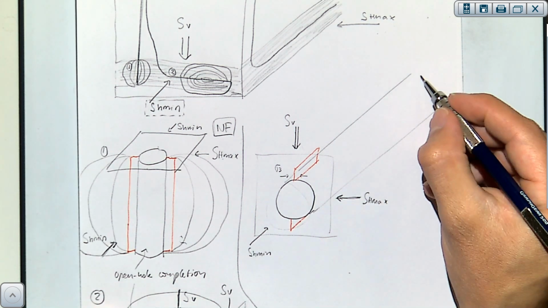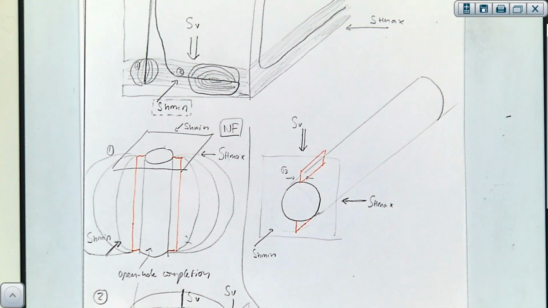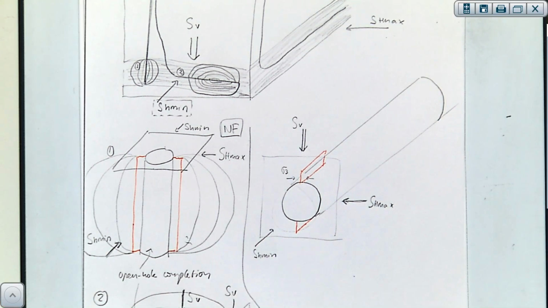Do you remember how far the influence of the wellbore goes in affecting stresses? That was project number 3 or something like that. Anyone remembers? Is it on the order of like tens of centimeters outside of the wellbore? It depends on the radius of the wellbore.